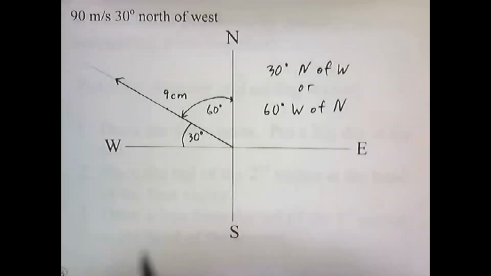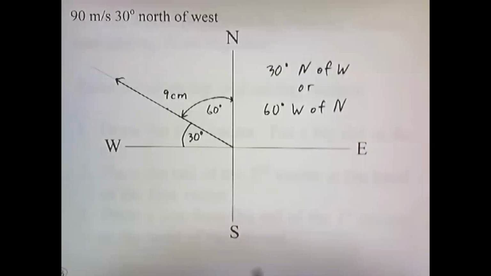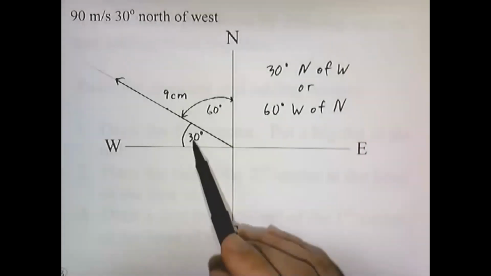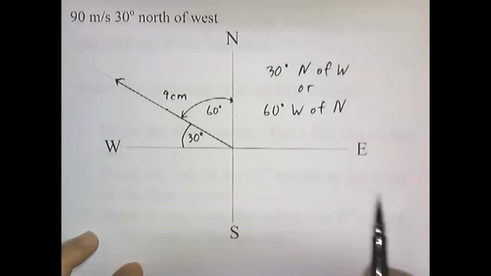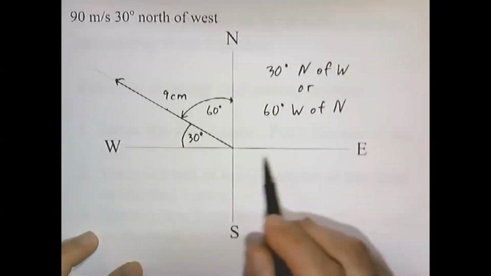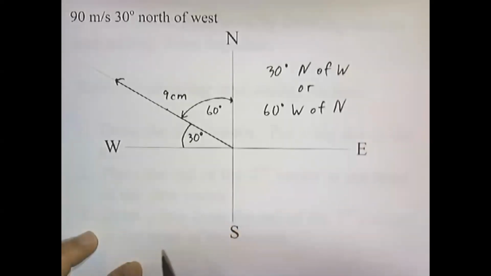So 30 degrees north of west can be expressed as 60 degrees west of north, and that's because the angle between the west axis and the north axis is 90 degrees, and 30 plus 60 gives me 90 degrees. All right, so that's how you draw diagonal vectors. If they don't give you north, south, east, or west, if they give you 30 degrees north of west or 20 degrees south of east, that's how you do it.